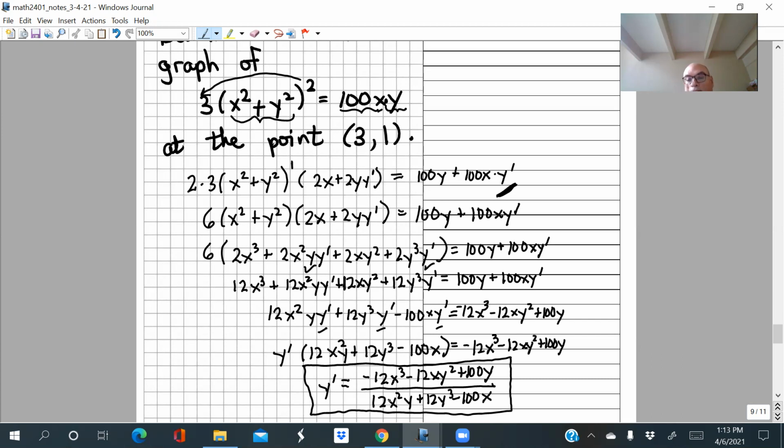So next time we're going to stop differentiating for just a moment, and we're going to revisit an earlier topic that we had used in helping us differentiate. But we want to go back and revisit that topic a little bit more closely because it has more importance later in calculus.